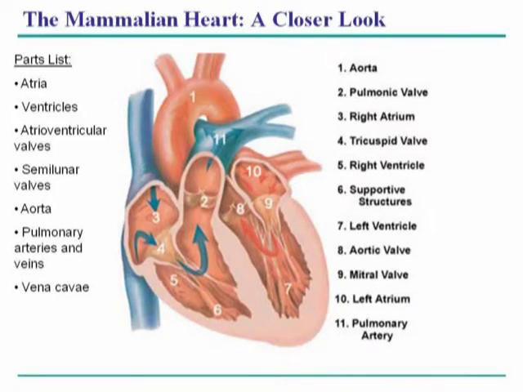When number 7, the left ventricle, contracts, the blood is passed to number 8. What is number 8? Aortic valve. And blood goes to number 1. What is number 1?